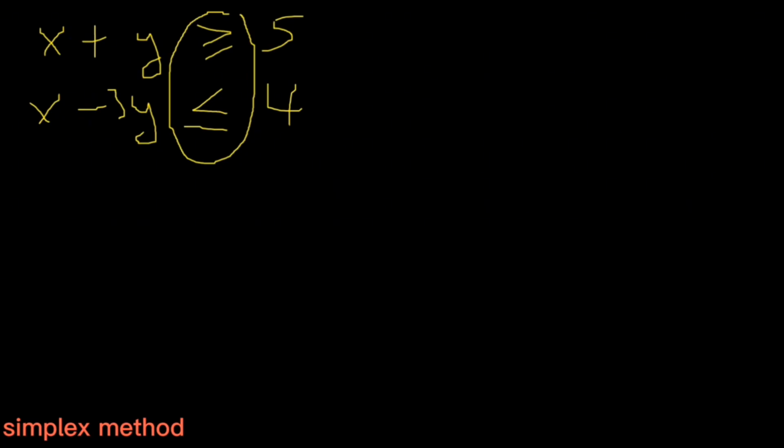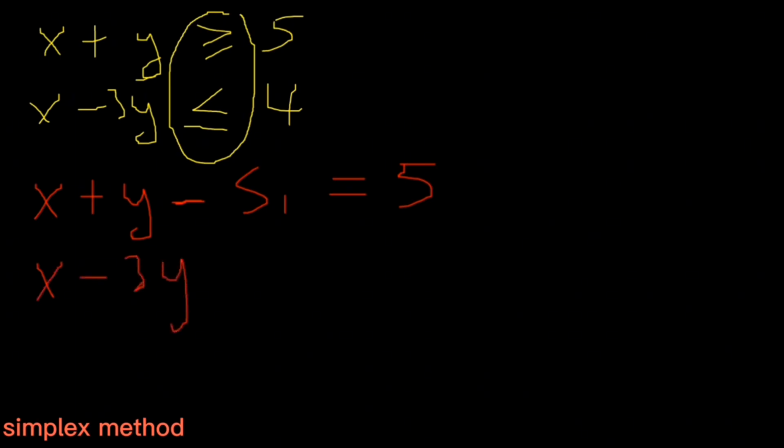But in this case, if you multiply by negative, you have a negative number here. It's not good. The thing you have to do here is what? You have x plus y, you subtract s1 on the first one is equal to 5. And on the second one, you have x minus 3y. Since it's less than, we add a slack variable, s2, is equal to 4.